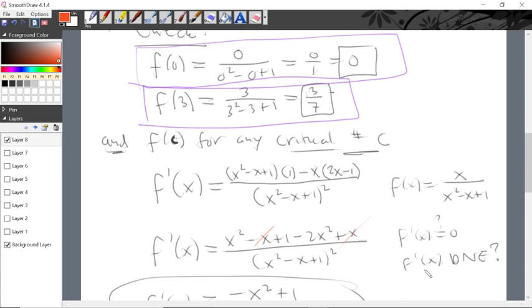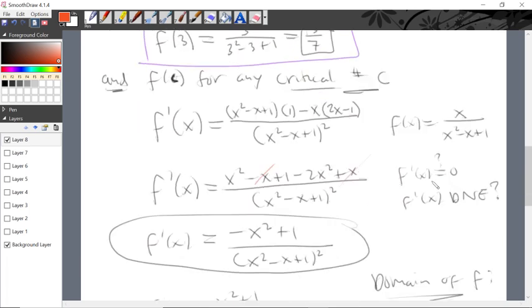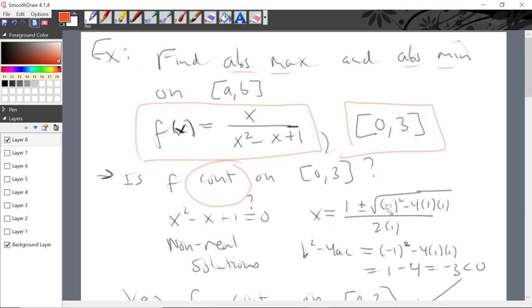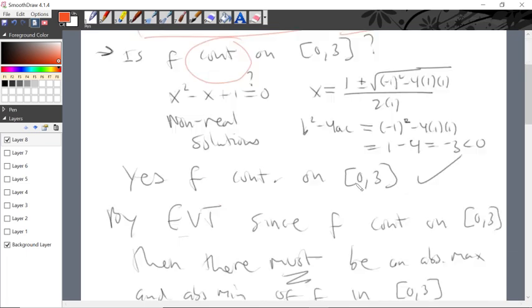We then compare those values that we find, if any, to the domain of interest. In the previous exercise, the domain of interest on the trigonometric one had a lot of values to exclude. On this one, the domain of interest was the closed interval 0 to 3.